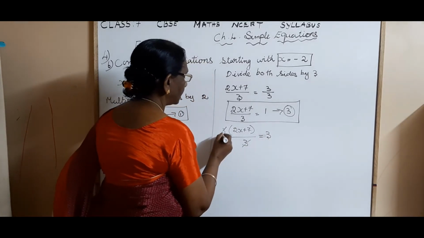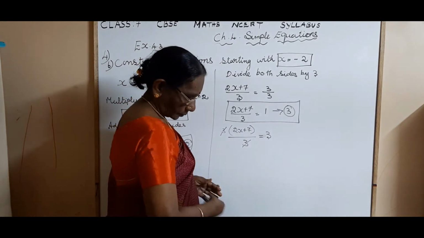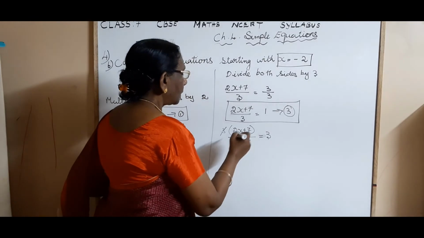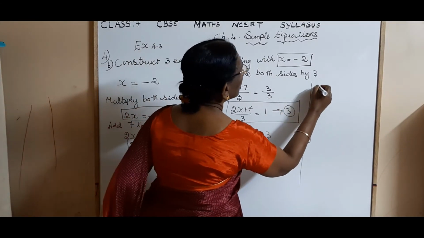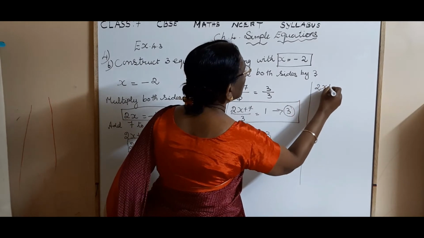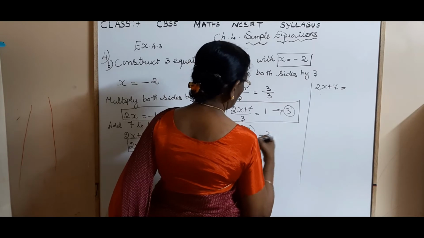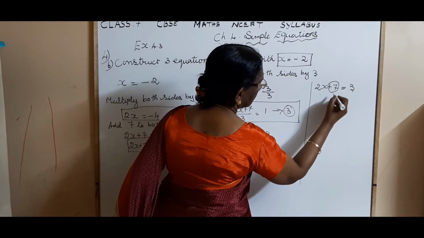This 3 and this 3 get cancelled. So what do you get? 2x plus 7 is equal to 3.